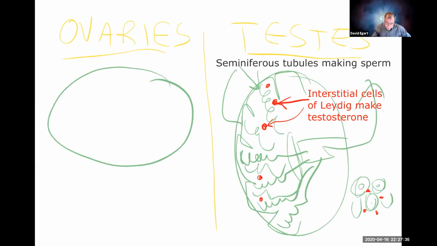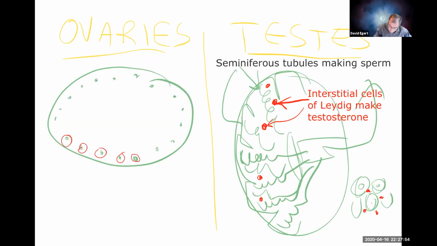The ovaries, you have the little eggs, little ova, all over the place in the cortical region, the outer region, but they're never on their own. They're always surrounded by other cells.